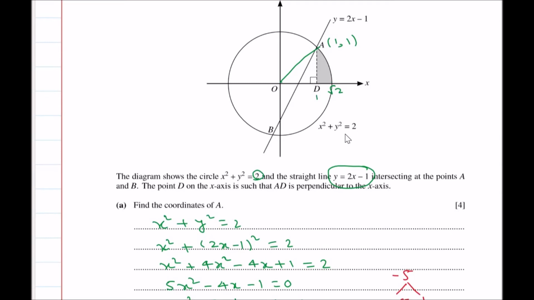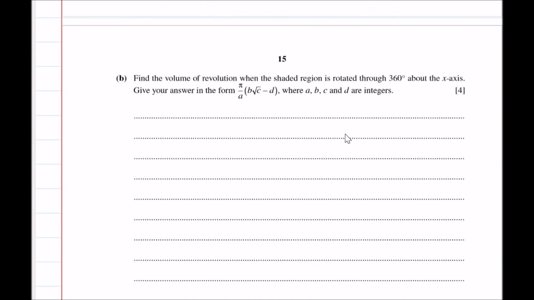Okay. So let's see how to find the volume. The volume formula is V = π ∫ y² dx, from a to b.